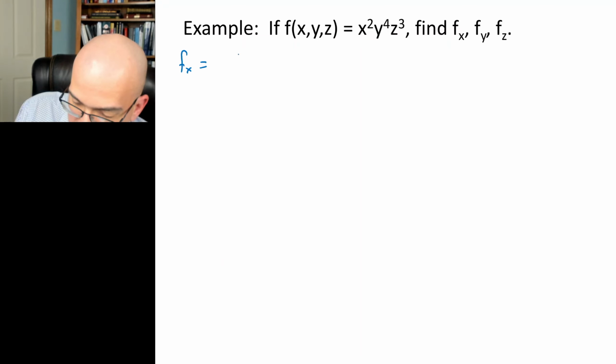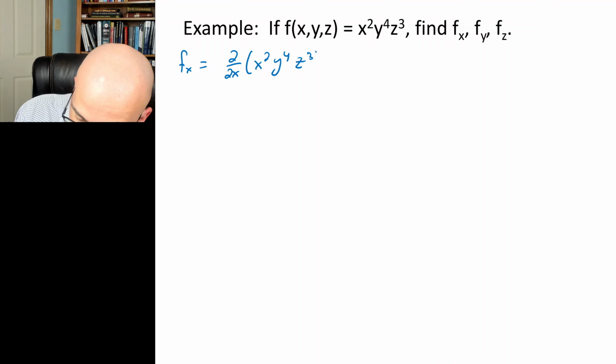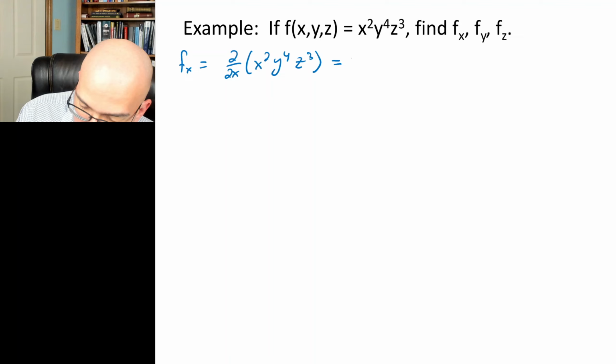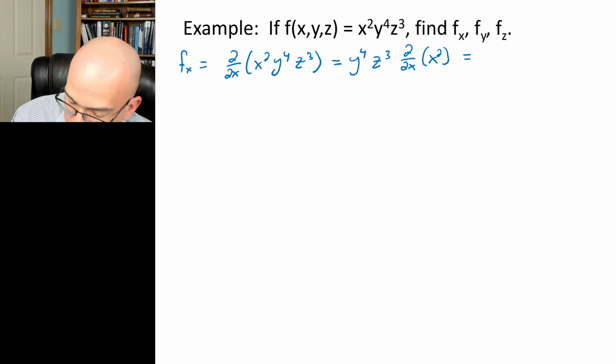F sub x is the x derivative, ∂/∂x, of x squared y to the 4 z to the 3. We can factor the constants out front. So the y to the 4 is a constant as far as the x derivative is concerned. Z to the 3 is a constant, and we have the x derivative of x squared, which is 2x.